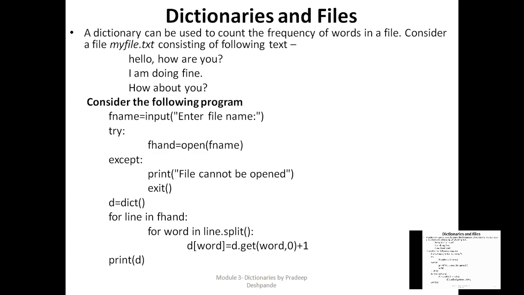When we encounter the third line, how is there again, but this how is different from the earlier how, because one is a small h and the other is a capital H. Both are treated as different. So for this how its frequency is 1, and for this how also its frequency is 1. This is how it works.